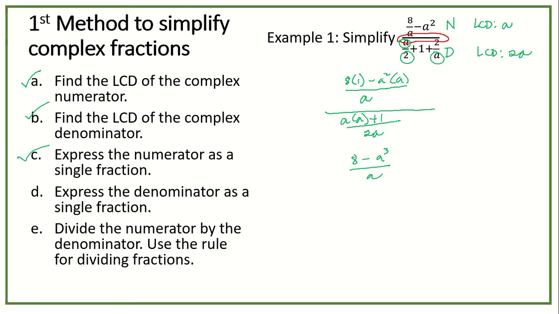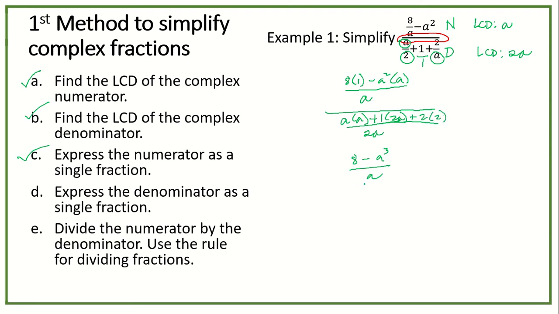Plus 1. That's the second part of the denominator, so plus 1. The denominator is 1, so LCD divided by 1 is still 2a. So, times 2a. Then, finally, plus 2. There's an a here, so 2a divided by a is just 2. So, we multiply the numerator 2 with 2.